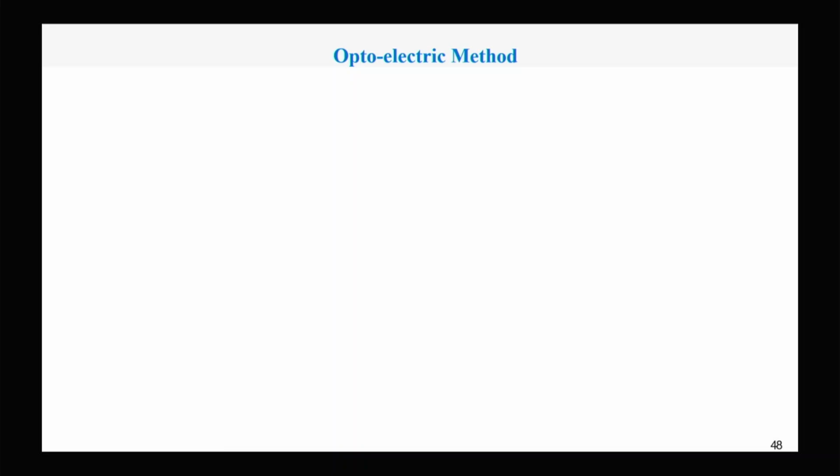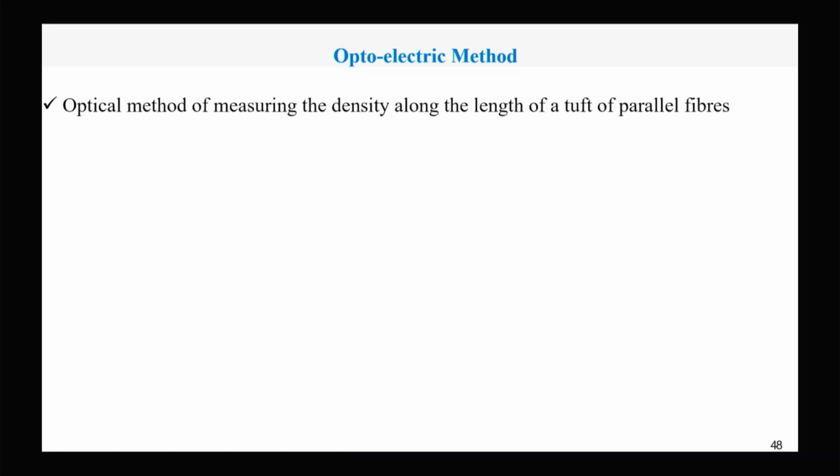And for the fibrogram, in the opto-electric method, the fiber length where the density of fibers is taken into consideration, the sample is prepared by the fibro sampler.